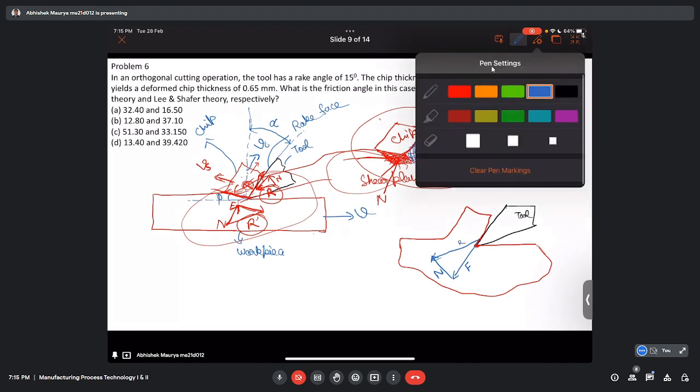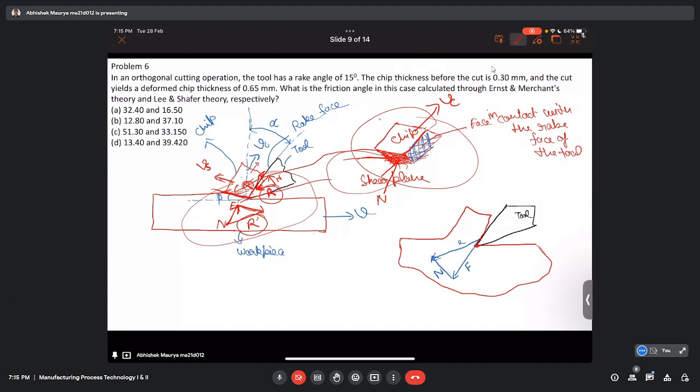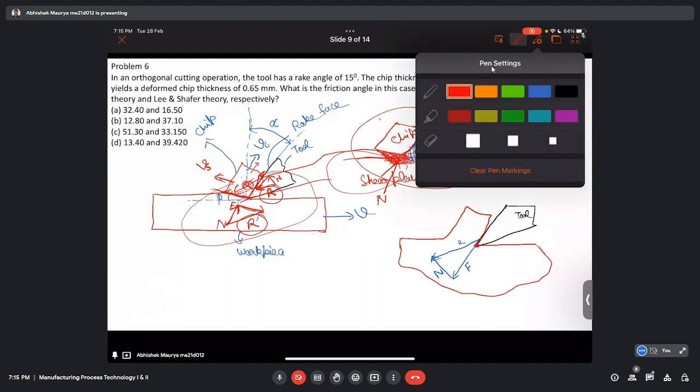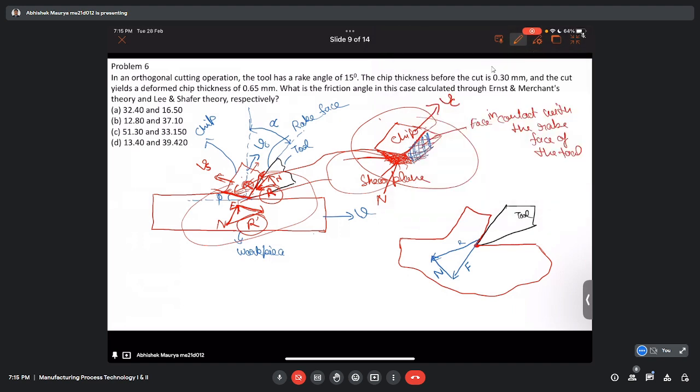And now I will choose another color. And our chip is facing another force, a shear force here at this point. If you see, it is also facing a shear force because of shear deformation along the shear plane. So it is somewhat like this.